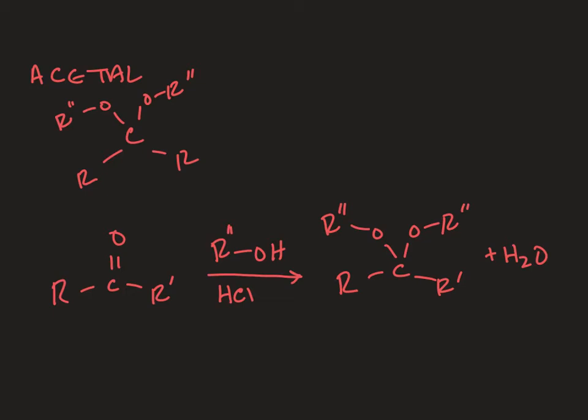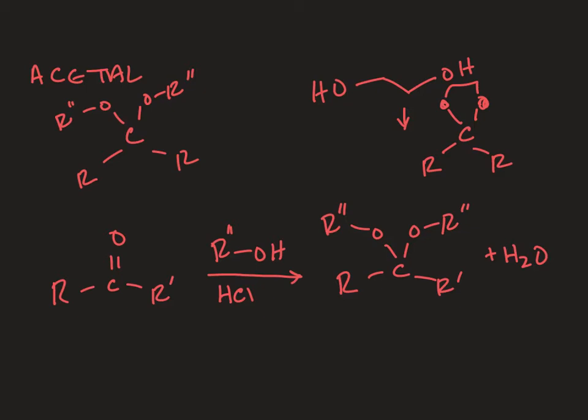One very common alcohol that's used, it's actually a diol. And this is used because whenever we form the acetal, what you actually get is a linked group, so instead of two separate OR groups, it's one that's linked together.